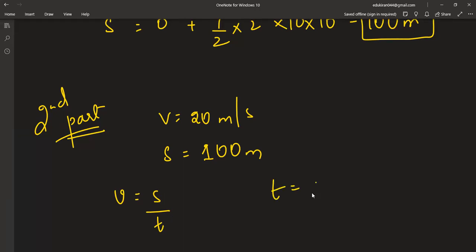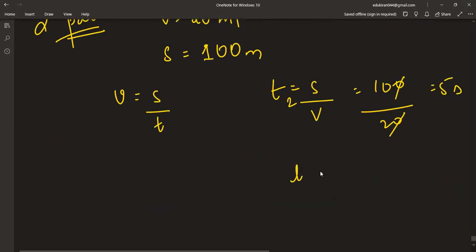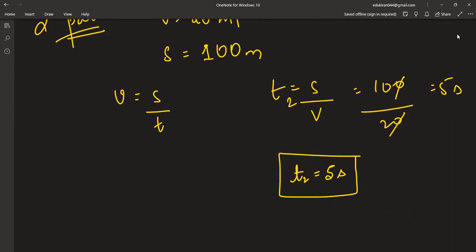From here, time will be equal to distance by speed. What is the speed given? 20. Distance is 500, speed is 20, so time is 25 seconds. So T2, the second time, is equal to 25 seconds.